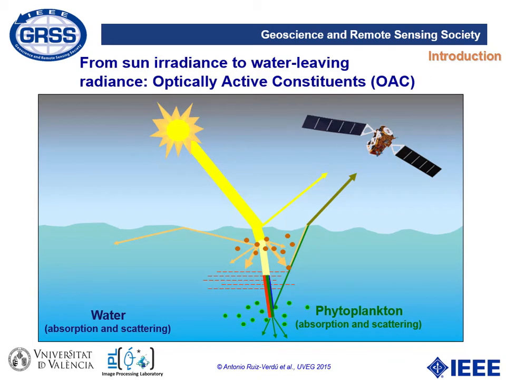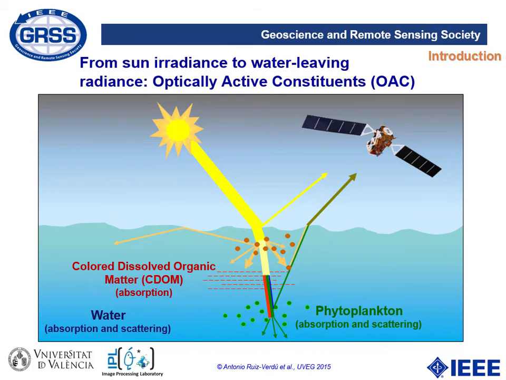But also, as phytoplankton are cells, are particles, sometimes with outer structures, membranes, or walls, sometimes calcite or siliceous walls, it also scatters light. So it absorbs light and it scatters light in different ways.